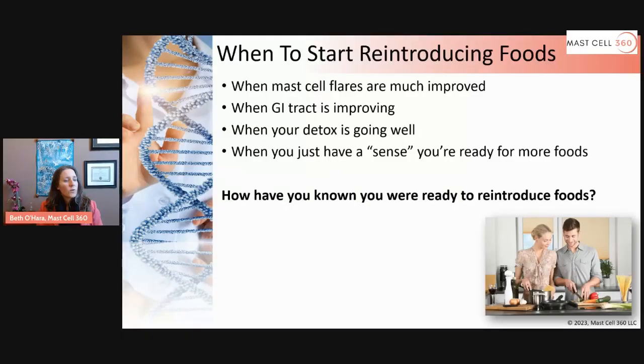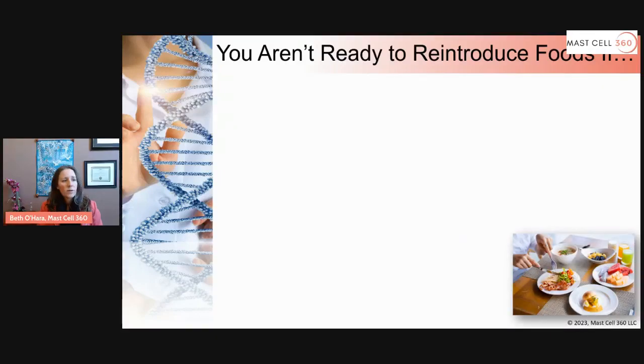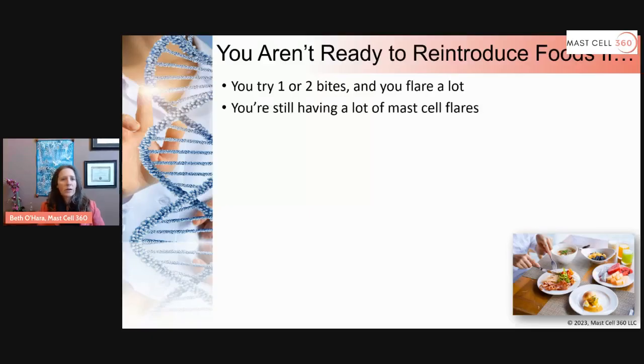Now, how do you know if you're not ready to reintroduce foods? Let's talk about that. So if you try 1 or 2 bites of a new food and you're just really flaring a lot, you have a lot of mast cell flares in general, and it's hard to tell what's happening. If you have a significant amount of nervous system dysregulation, that's going to keep you reacting to foods.